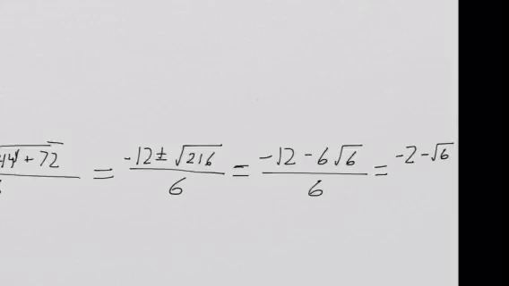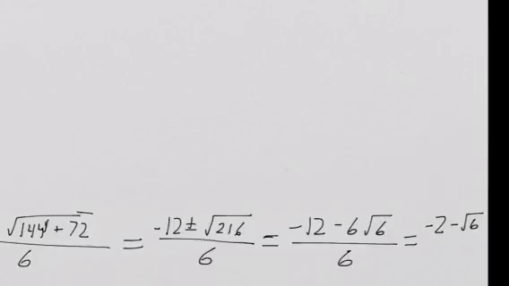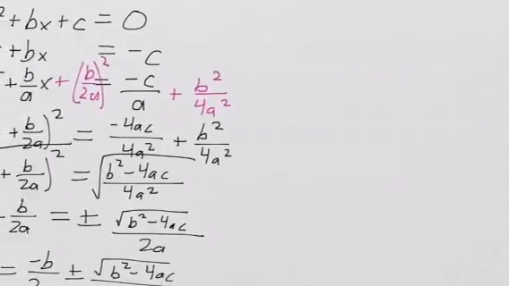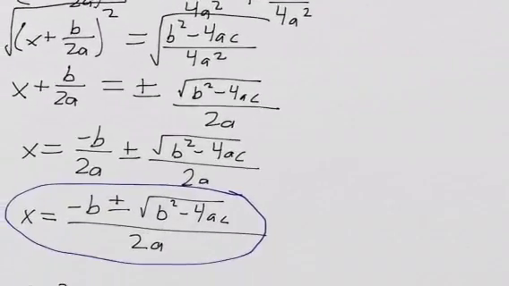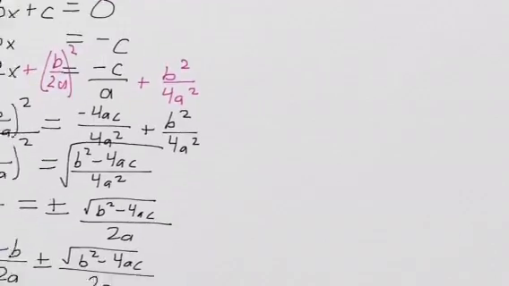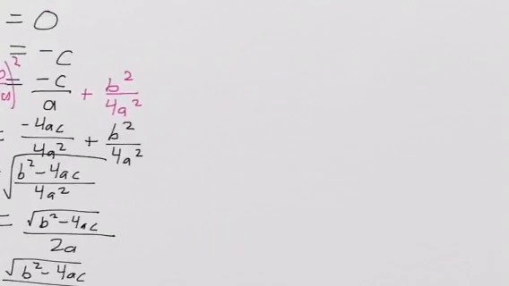So, one thing that's nice about the quadratic formula is the b squared minus 4ac term underneath the square root. That tells us some nice things. If it's positive, we're going to get two real solutions.